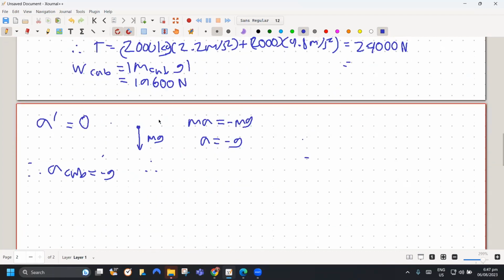So what are the forces on the cab? There is tension, and then there is weight, which is M cab times g.